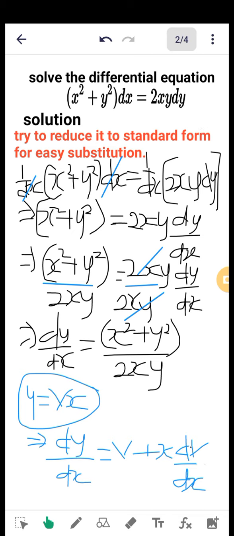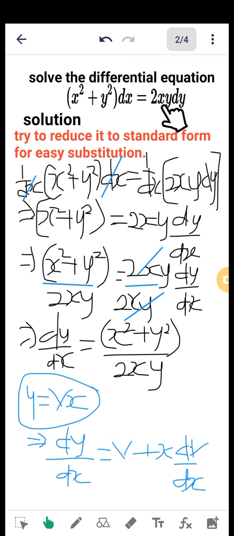So first of all, let's check if this equation is a homogeneous equation, or it is a separable or exact or a linear equation, whatever. In checking this, we know that the highest degree of x is 2, and the highest degree of y is 2.